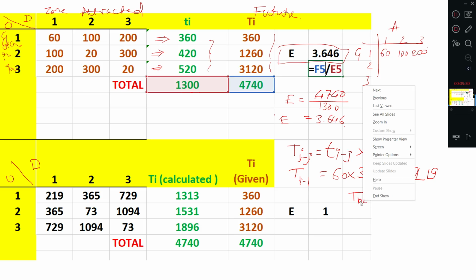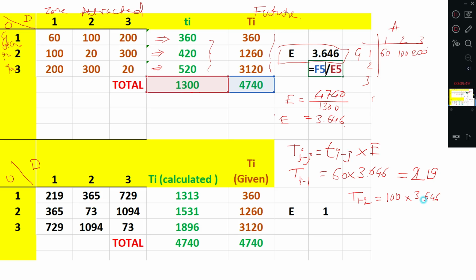Similarly, we need to calculate T12. The number of trips between 1 and 2 is 100. 100 into the growth factor 3.646 is 364.6, which I'll round to 365.